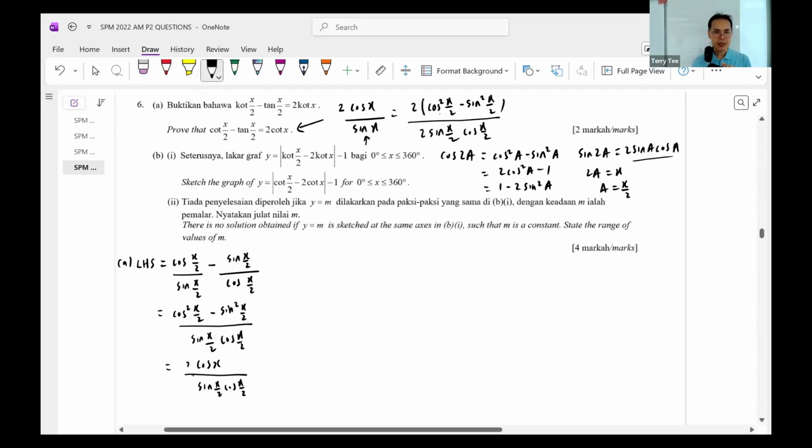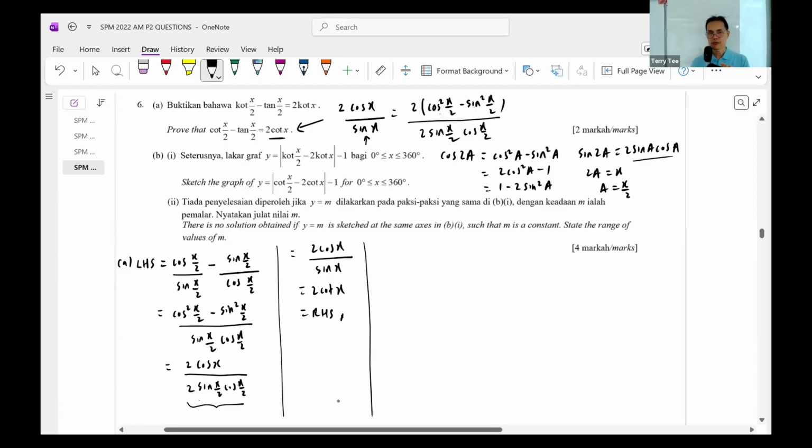Then I multiply top and bottom with 2. Why? Because I want to combine this into 2 cos x over sine x, and cos over sine is your cotangent x, which equals my right-hand side. Okay, that is the proving part. It's quite long for 2 marks, but I think it's okay.